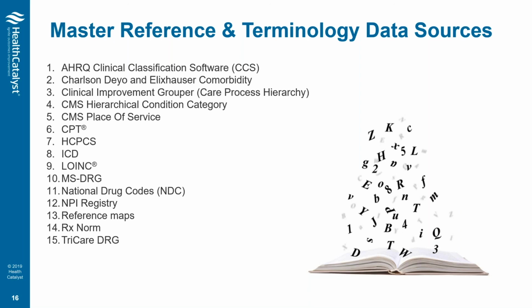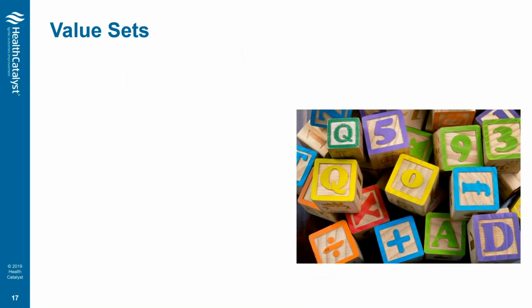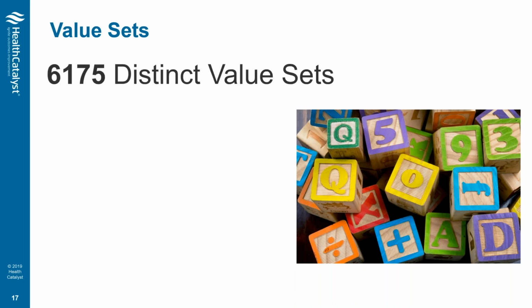And what I mean by that is one of the most fundamental building blocks that we have in our platform is called a value set. If you don't know what a value set is, it's basically a grouping of terms or codes that define a particular concept. So if the terminology contains a list of diagnosis codes, a value set might be those diagnosis codes that specifically identify a heart failure patient. Our platform comes with over 6,000 value sets built in.